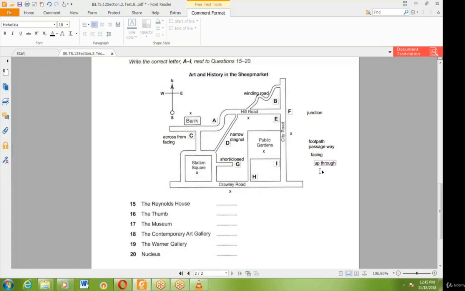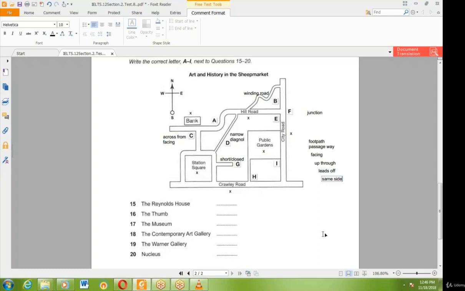What does up through mean? Leads off. Right? There's a lot of language that relates to direction that you have to know. And if you don't know what facing means, or what it means to go up through, or what it means to lead off from, right? All this kind of language, this is all language.